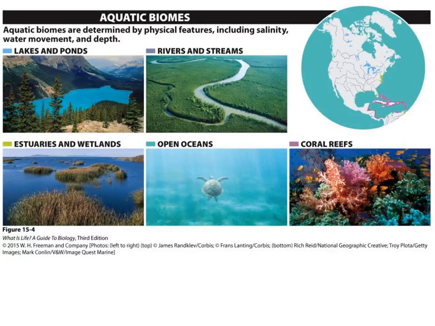Number 3 is estuaries and wetlands, where salt water and freshwater mix. It's a shallow region characterized by exceptionally high productivity. And then number 4, you have open oceans with deep salt water. And then coral reefs, which are highly diverse and productive regions in shallow ocean.